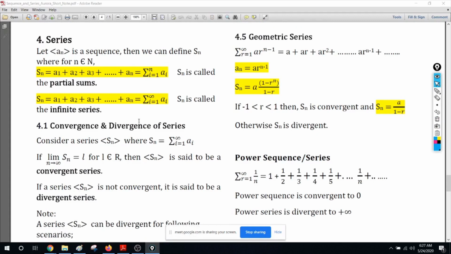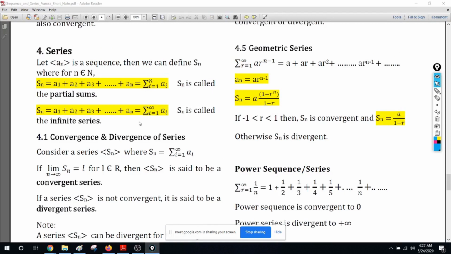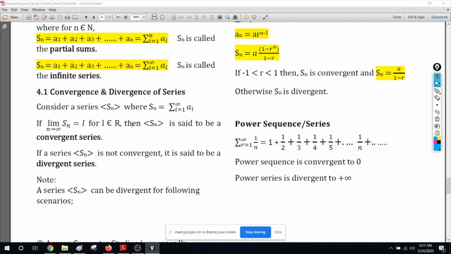Sometimes your sequence is convergent and your series is also convergent. There are different possibilities, therefore we have to consider them as two different concepts.